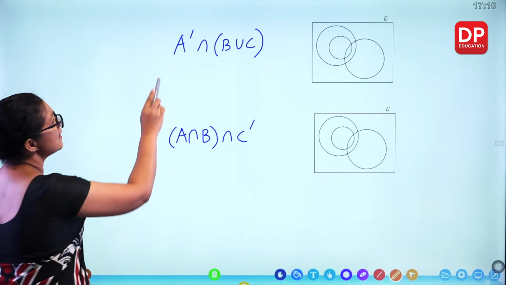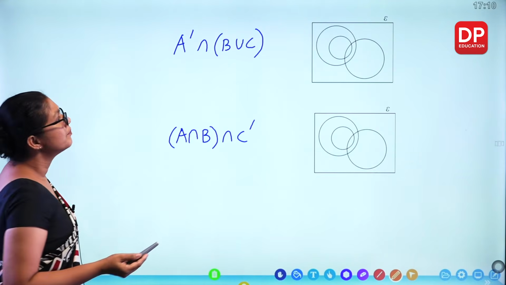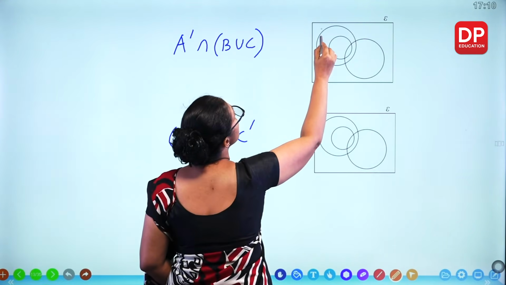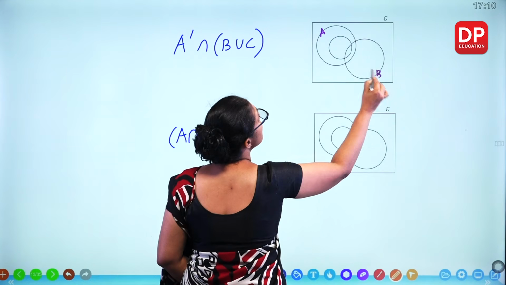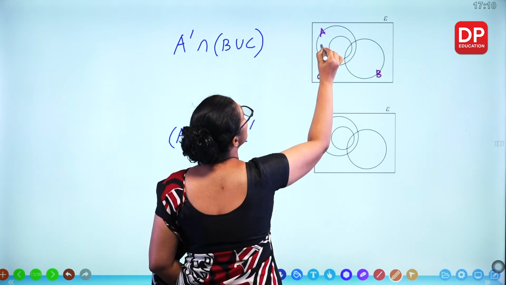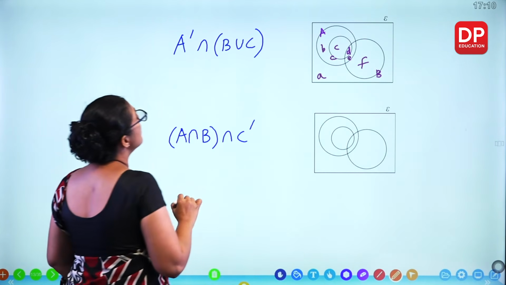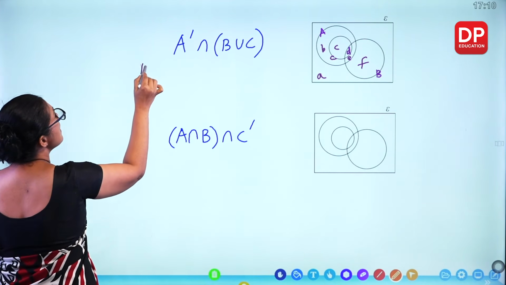Now we'll take the same previous question with a different diagram. We'll take this one as A, this is B, and this is C. And you can label all these regions C, D, E, F. What is B?